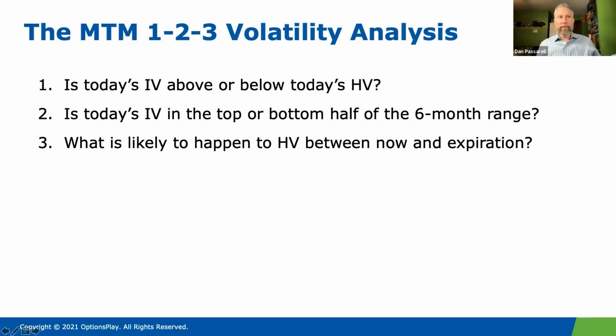If implied volatility is below today's historical volatility, there's a chance that the options may be underpriced. Now, take a little time out here. What does that mean, underpriced or overpriced? Well, if you want to buy anything, say a new car, and you do your research, and this particular car that you really love is a $45,000 car.